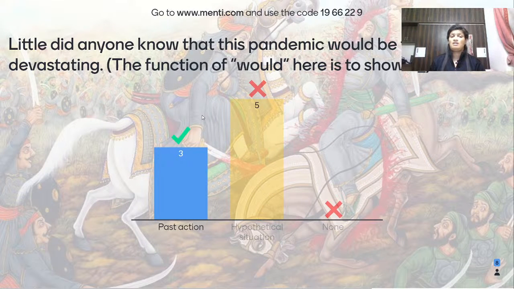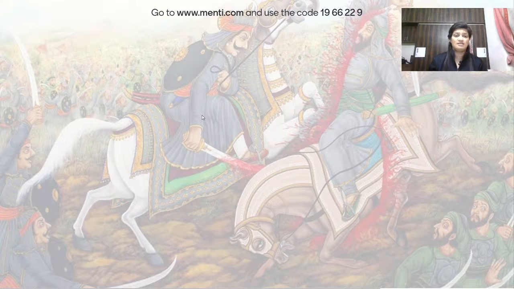It is not a hypothetical situation, guys. It's a real scenario. It's a past action. In 2020, the way this pandemic has harmed all of us. So little did anyone know that this pandemic would be this devastating.